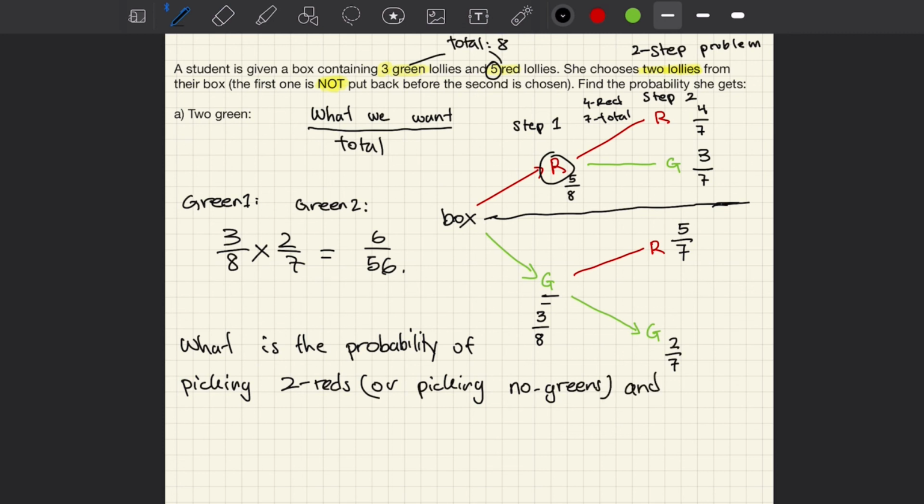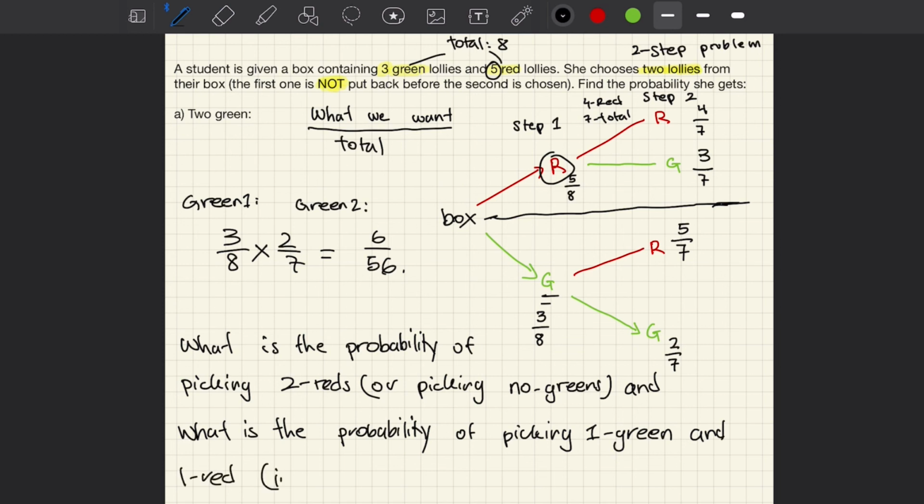And what is the probability of picking one green and one red, in whatever order?